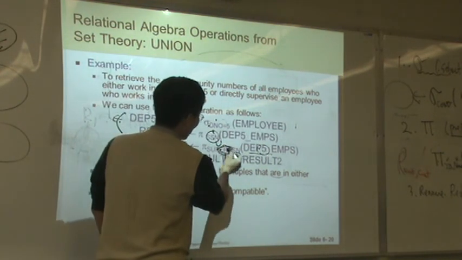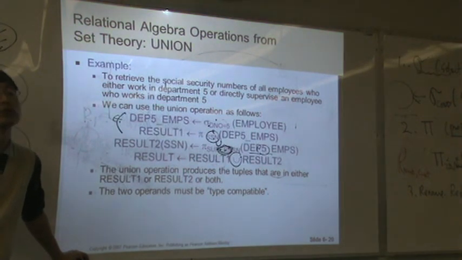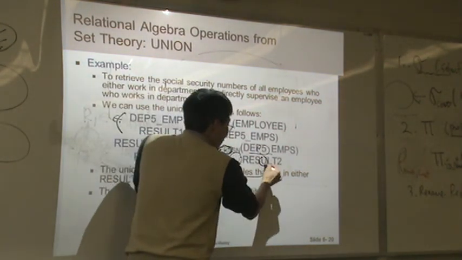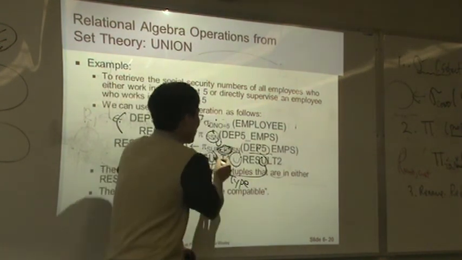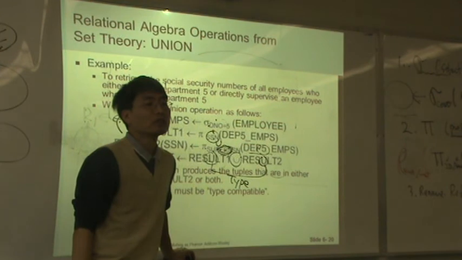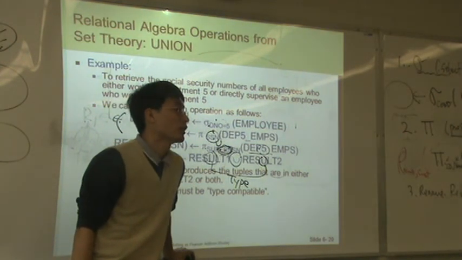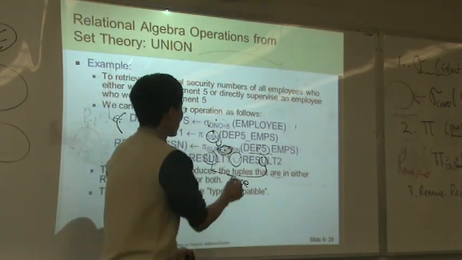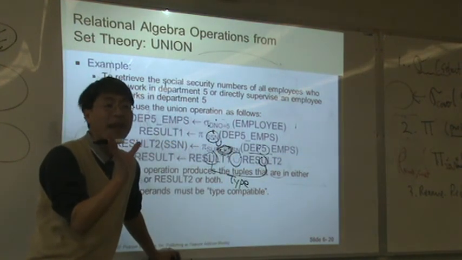In this union operation, there's one important thing. SSN is different from super SSN; it's a different attribute. However, we can union. When you union two relations, the types of the attributes should be comparable, which means they don't have to be the same attribute. However, their types should be comparable: social security number and supervisor SSN are in the same domain.